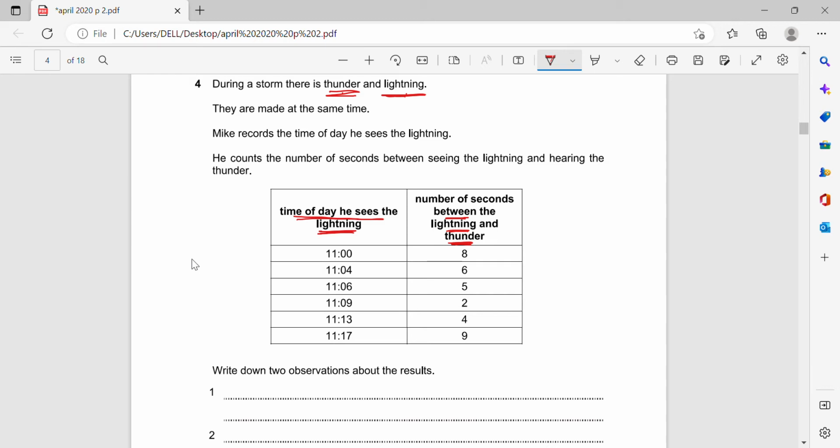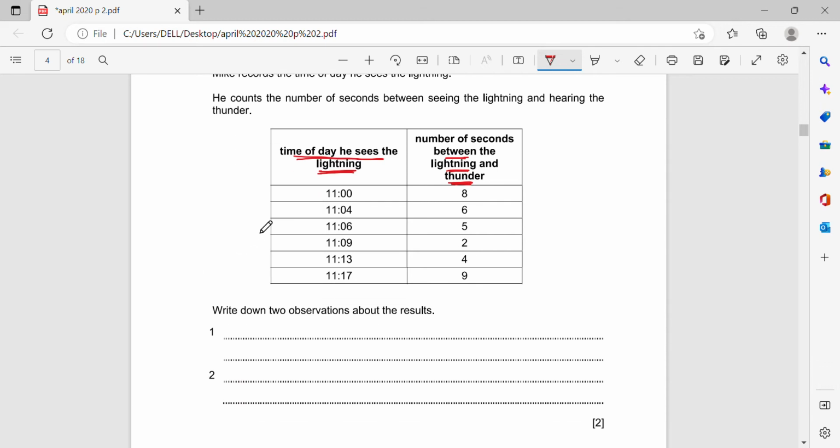When we observe thunder and lightning, which one comes first? Actually, the lightning comes first. It starts with the lightning, then you hear the thunder. Here we have 8 seconds, 6 seconds, 5, 2, 4, and 9. Write down 2 observations about the results.